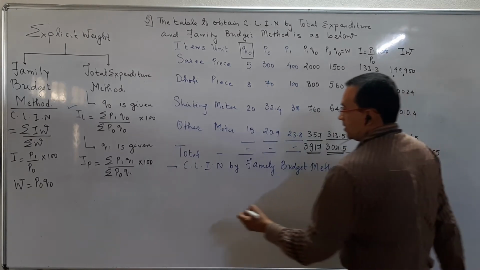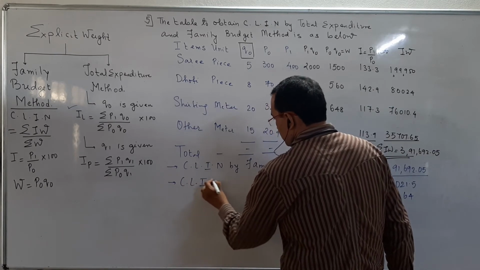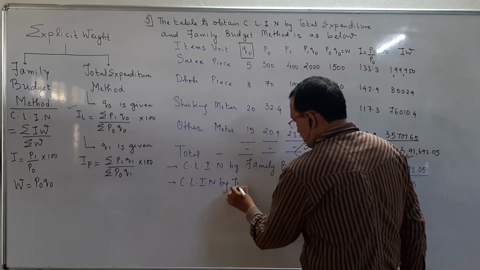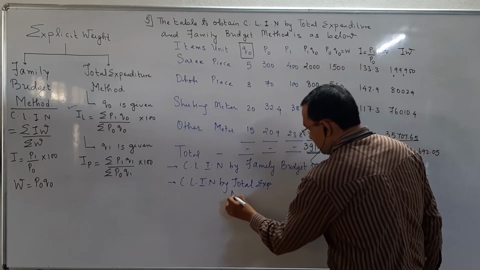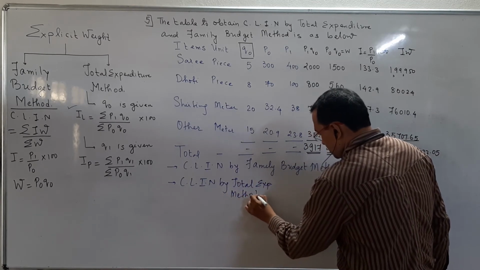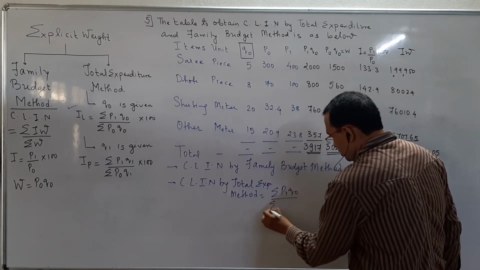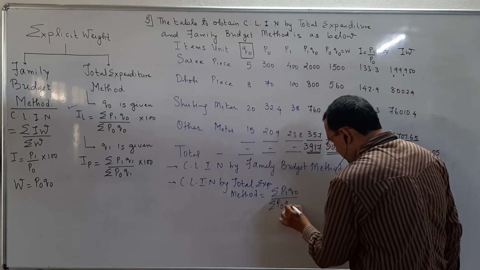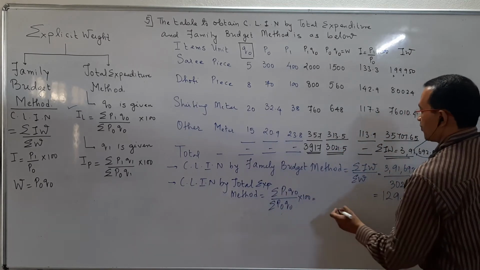And cost of living index number by total expenditure method is sigma P1Q0 upon sigma P0Q0 into 100. That denominator is same.